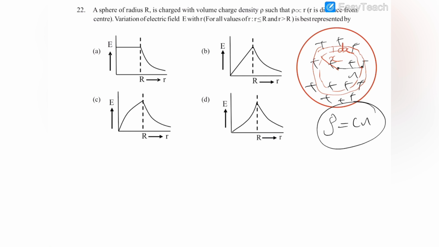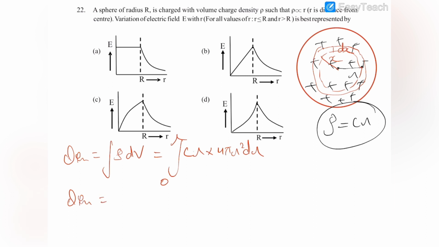Now I wish to find out the q inside, which is the charge inside this sphere of radius r. So q inside will be equal to the integration of rho dv, where rho is equal to cr and dv is 4 pi r square dr, and the limit of r would be from 0 to small r, because we have to find out the charge enclosed in a sphere of radius small r.